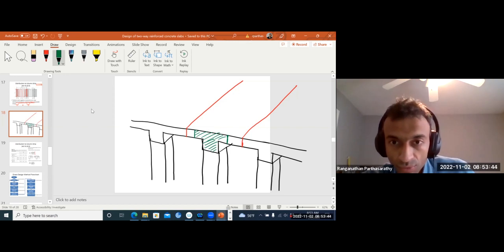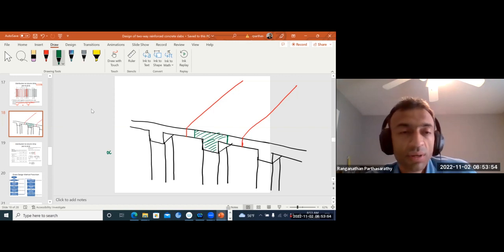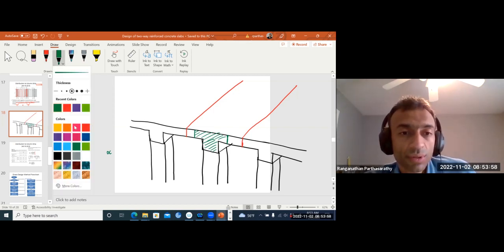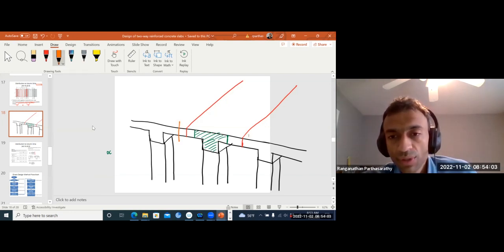Okay. So for your slab moment of inertia, your width will be the full width, not just for the column strip, but you will take it center to center. So that is the full width of that slab.